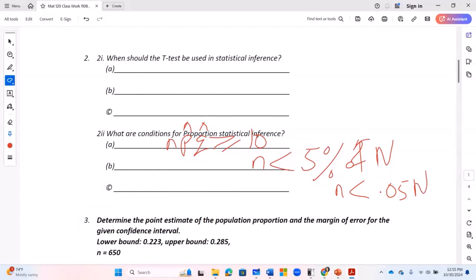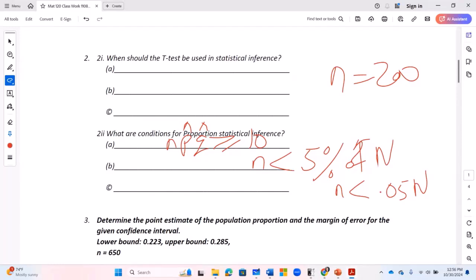Whatever sample size you're given, you divide that sample size by population. Most of the time we use the population of America, which is approximately 360 million. Suppose you have a sample size of 200, and you divide it by 360 million. That number should be insignificant, so it is actually less than 5% of the population.